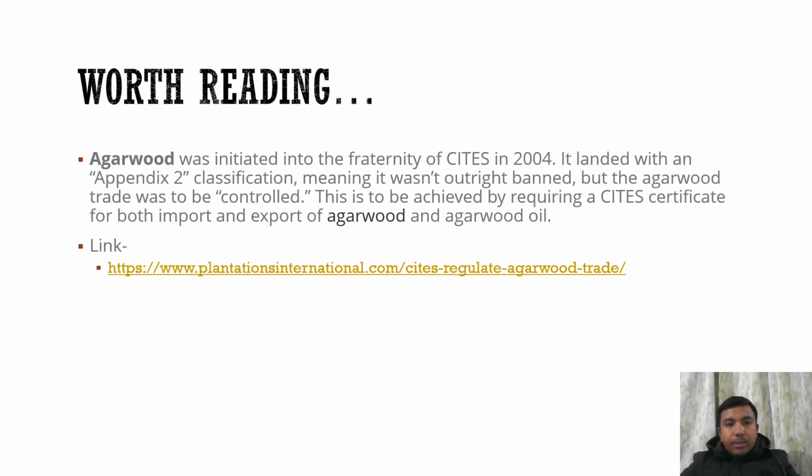I have shared one link which is worth reading. In Assam, which is a part of India, we find the agar tree. The agar tree is very important from an economic point of view, because the oil formed by distillation of agar wood is very costly, and it has tremendous potential not only to improve the livelihood of the villagers but to make them rich.